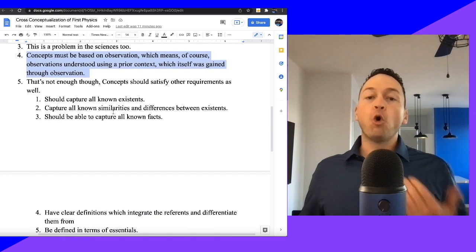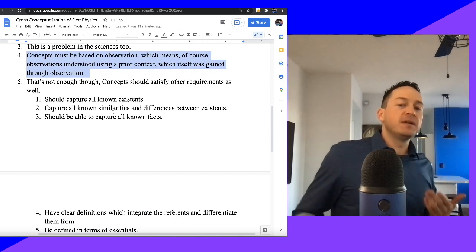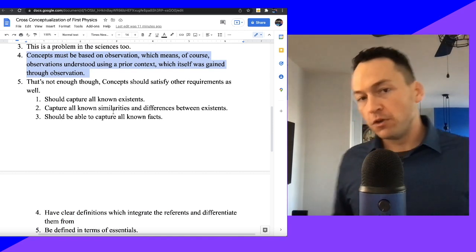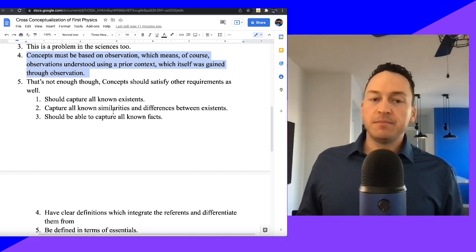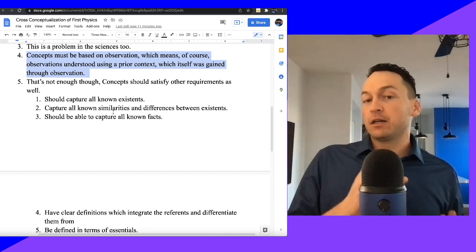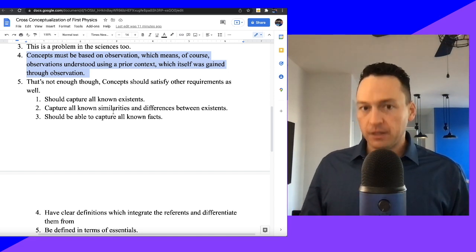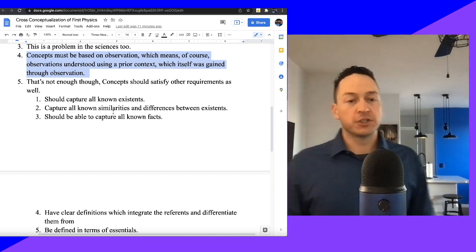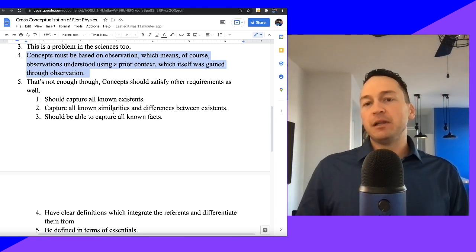Concepts, of course, have to be based on observation, which from an inductive point of view means that we need the prior context of knowledge which made certain observations possible in order to understand a given concept. So what would be an example of this? Think of the example of the atom.